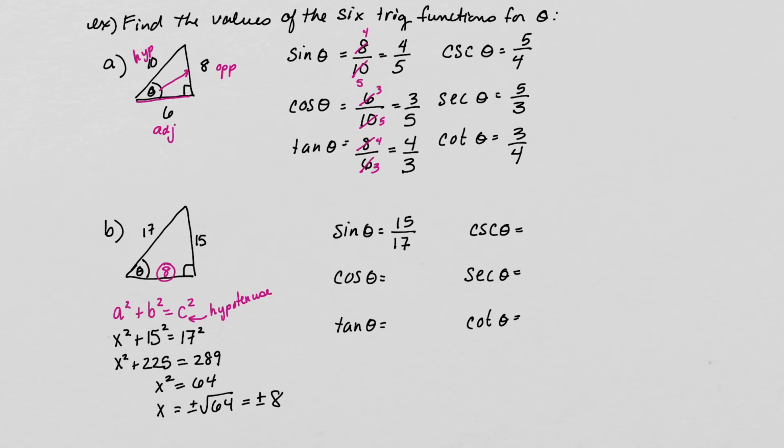What about the cosine? Yeah, the cosine is the adjacent, 8, over the hypotenuse, 17. What about the tangent? 15 over 8, right? The opposite, 15, over the adjacent, 8. And then to get the cosecant, secant, and cotangent, all I'm going to do is flip them over. So 17 over 15, 17 over 8, 8 over 15.